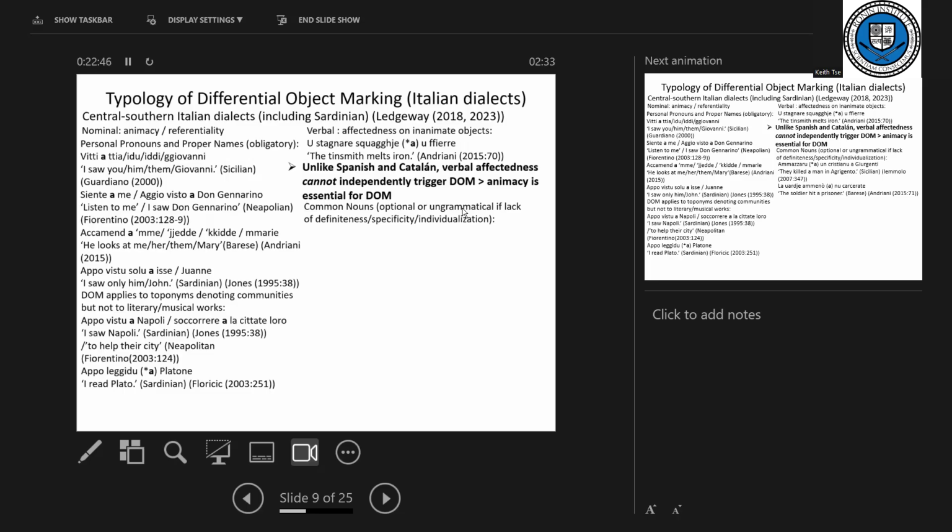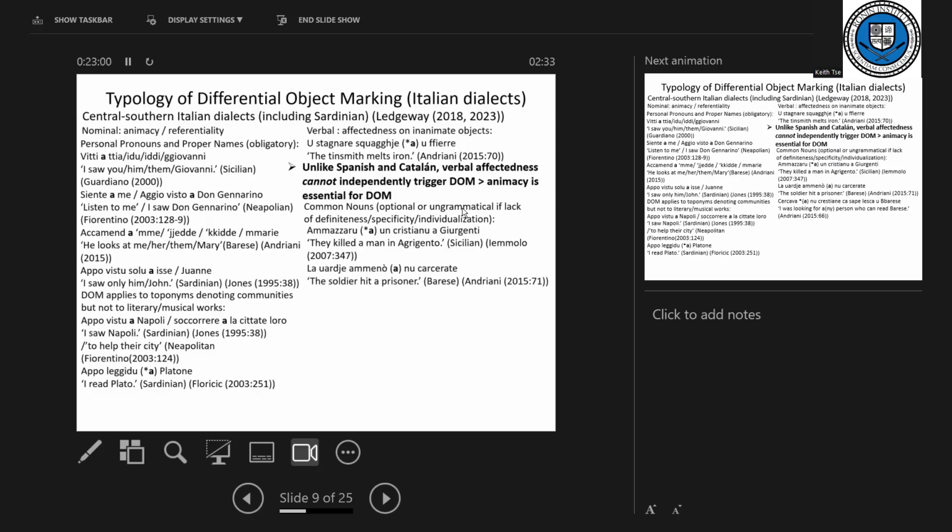Common animate nouns are also regularly marked, but they are not obligatorily marked as we saw with pronouns and proper names, especially if they lack referentiality. For example, "ammazzato a un cristiano". According to my informants, they much prefer not using a here, so simply "ammazzato un cristiano".